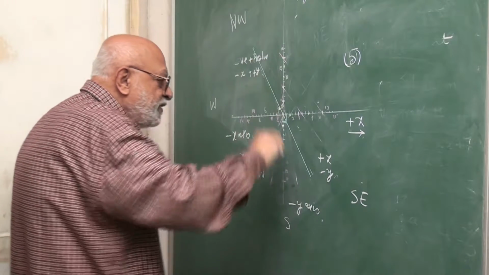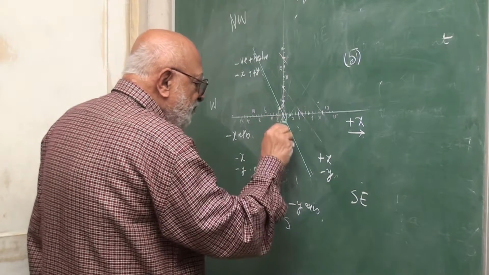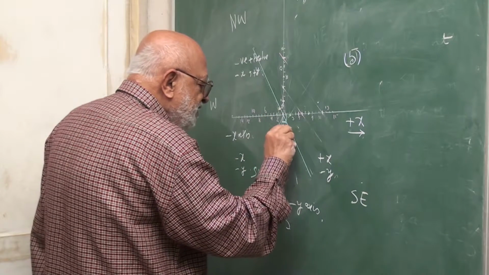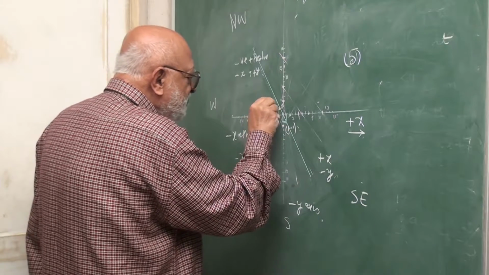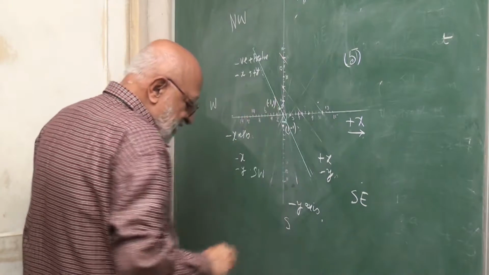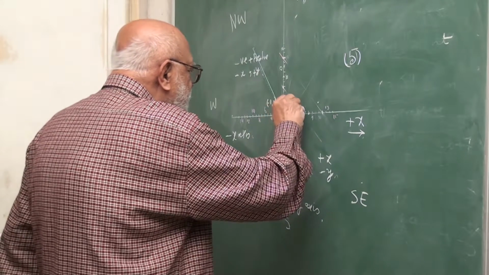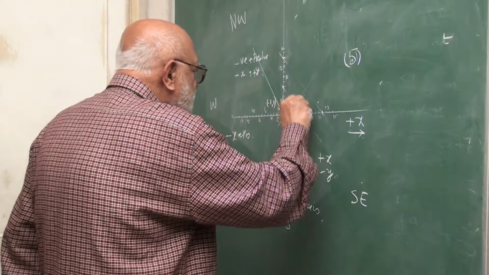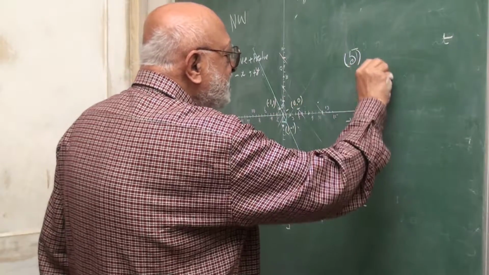So now looking at this, this is (1, -1), this is (-1, 1). And another point they have given is 0, 0. This one we know is going through 0, 0. What type of equation will it be? Straight away, x plus y equal to 0.